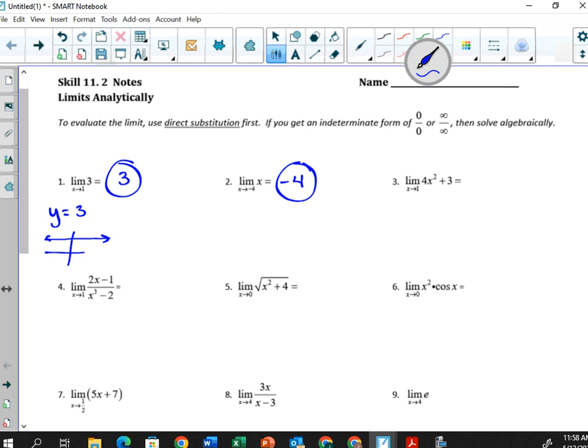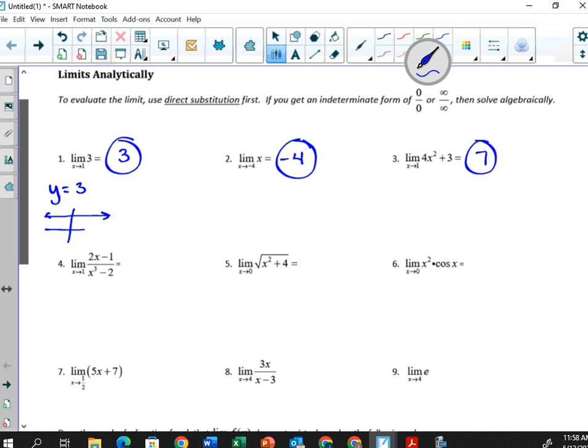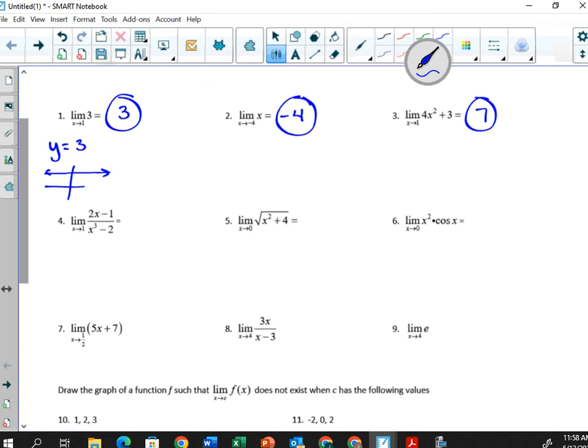So, guys, what do we get for number 3? Hey, Julian, reasonable answers, please. 7. What do we do with the x value?